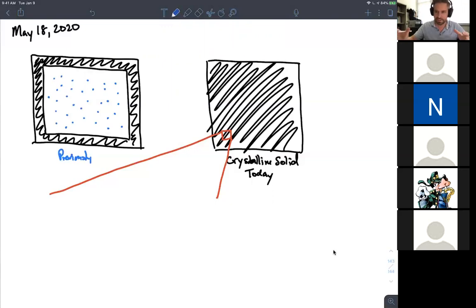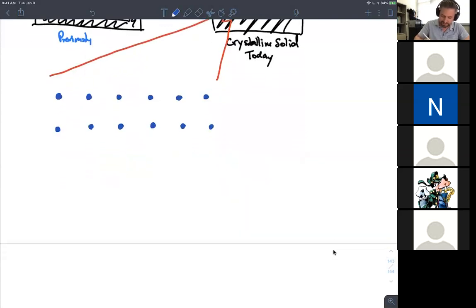Okay, and just to keep things simple, we're going to say that the pattern that our atoms and molecules are arranged in is just a square grid. Okay, so here are some atoms and molecules that make up our box, and they are arranged in a crystalline grid.